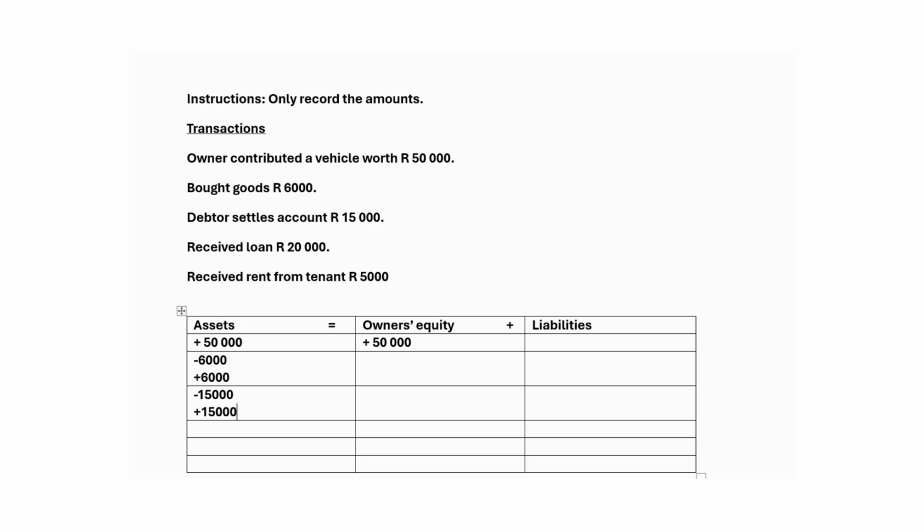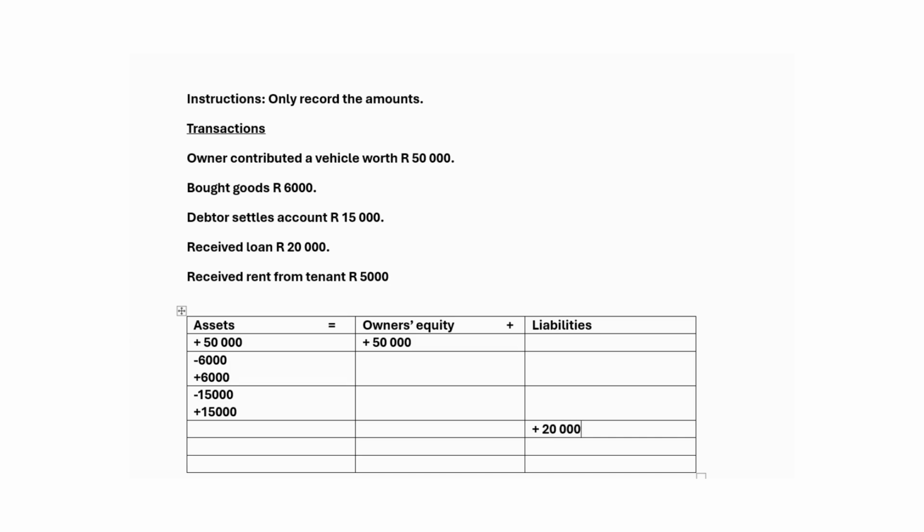Now we'll be going to our fourth transaction, where the business received a loan with 20,000. So we know that a loan is a liability. It's a non-current liability, and therefore it will increase because your liabilities increase as you receive a loan.